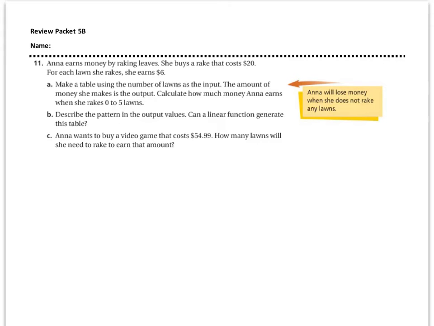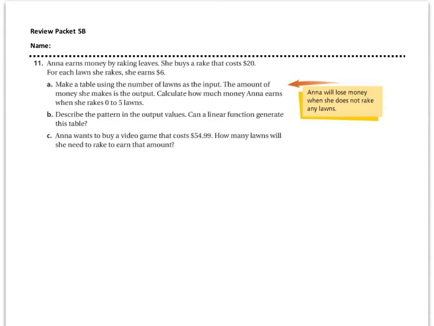Okay. Number 11, Anna earns money by raking leaves. She buys a rake that costs $20. So obviously she has to buy something first. For each lawn she rakes, she earns $6. Make a table using the number of lawns as the input and the amount of money she makes as the output.